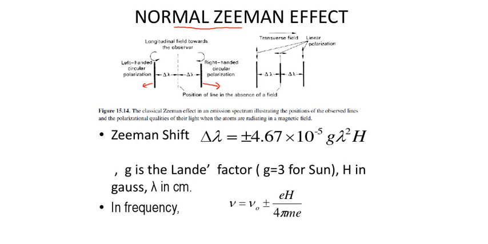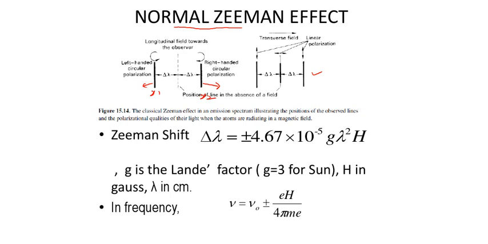If the light is viewed perpendicular to the magnetic field, then we will get three component lines. And if you are observing when the light is viewed parallel to the magnetic field, only two component lines are observed, that is, only nu1 and nu2 are observed in the case of parallel observation.